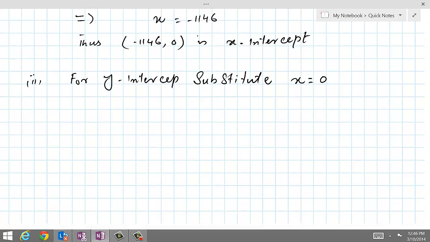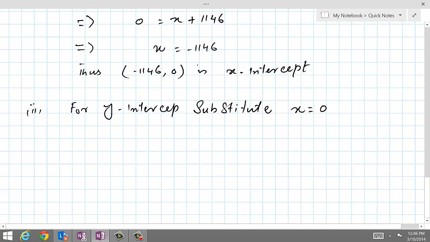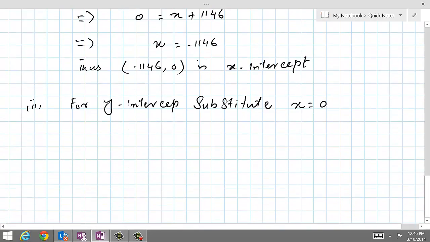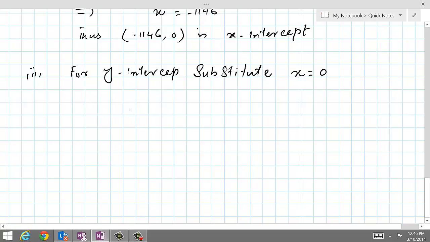So if we substitute x is equal to 0 here, then y would be equal to 1 by 2, 0 plus 573.